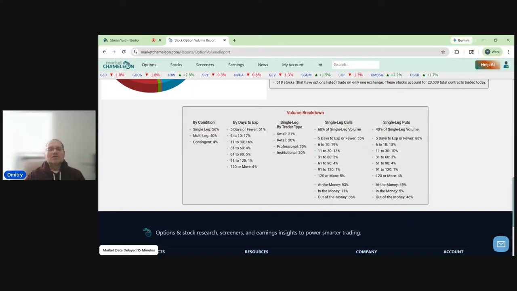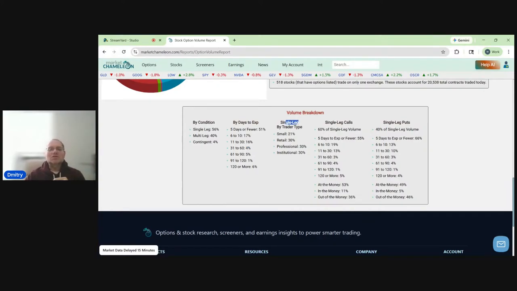If we broke it up into different components, we could see that 17% of the volume was 6 to 10 days to expiration, and then 16% were 11 to 30. If we go further out, you could see that it gets less and less. So a lot of the traded volume is on the shorter dated options.